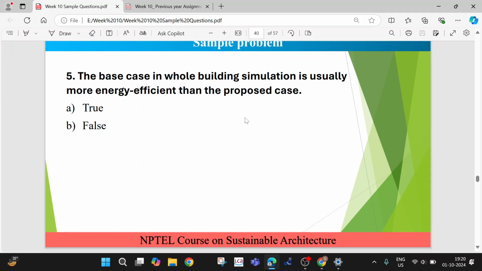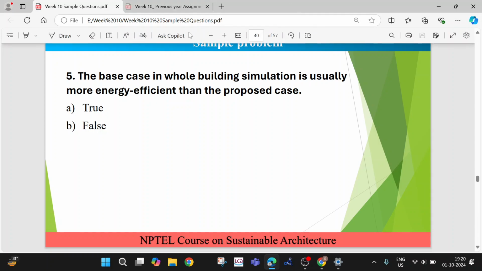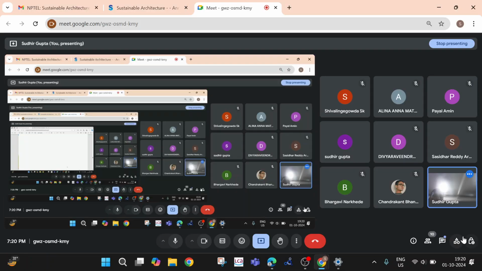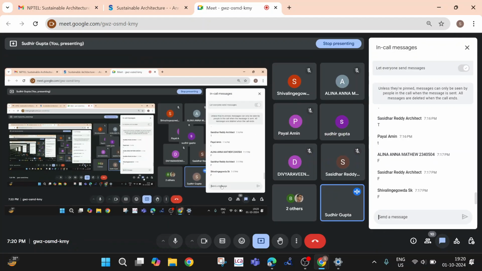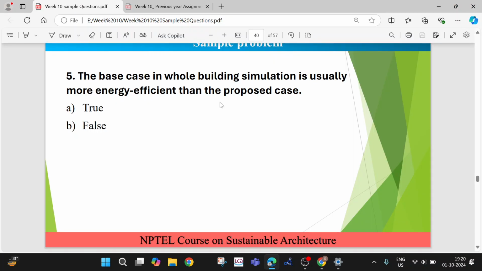The base case in the whole building simulation should not be more energy efficient than the proposed case, because whatever we are proposing is based on some sort of simulations or some sort of modification in the design or construction or incorporation of passive strategies. So the proposed case should be more energy efficient after the whole building simulation. So this statement is false, and I don't think anybody will have given a wrong answer. Yeah, false, false, false. Fine. Can we move to the next question?